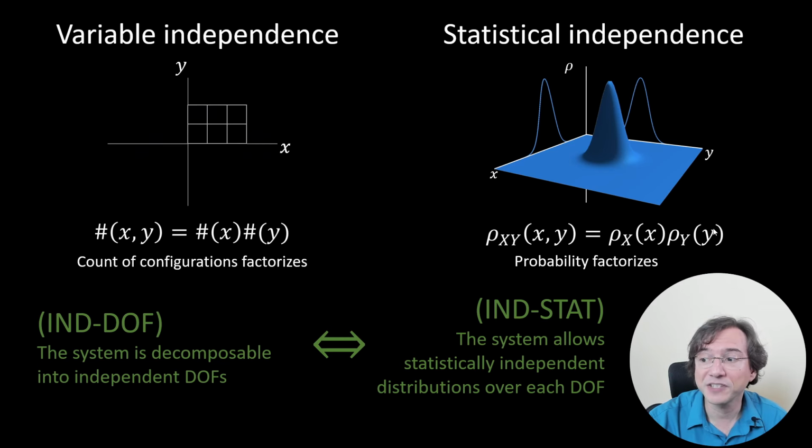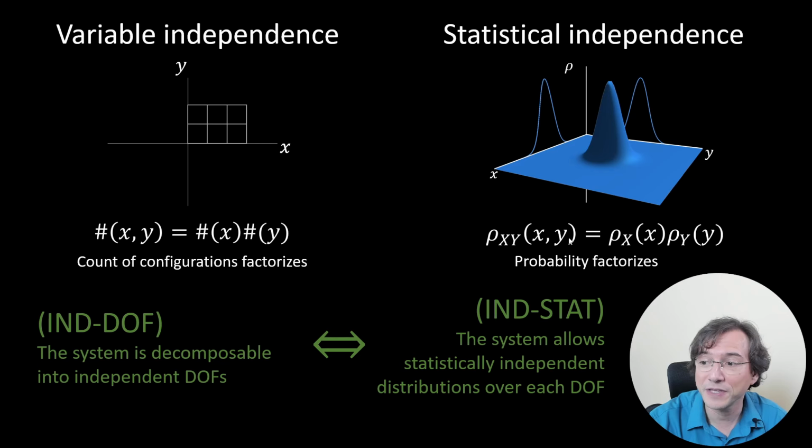Now, of course, you can have something that is not statistically independent in phase space. So the fact that you have independence of variables does not imply that you have statistical independence. But the link is that if you want to allow things to be statistically independent, if you want to allow some probabilities to factorize, well, these are probability densities actually, and they're going to be divided by the number of states.